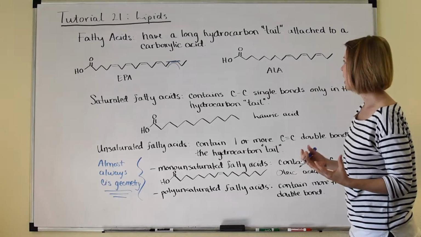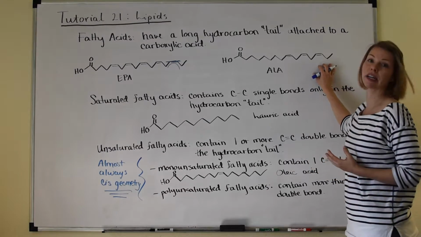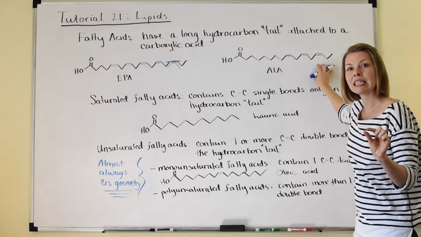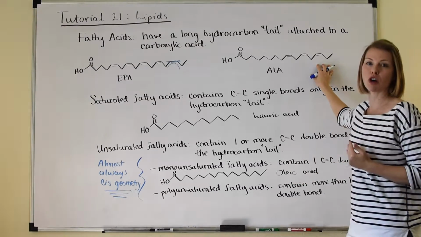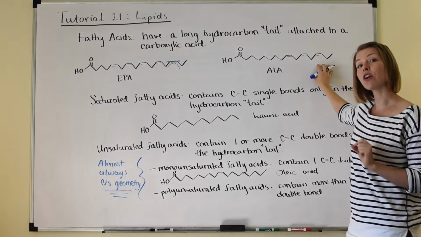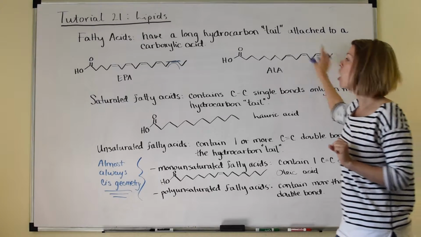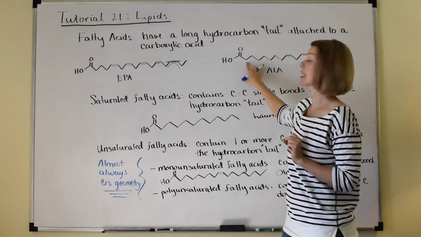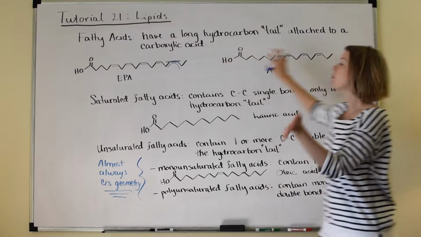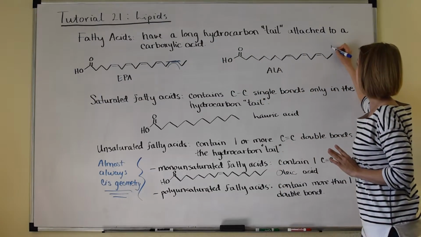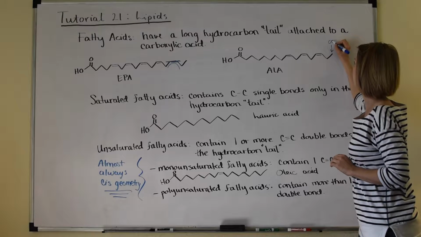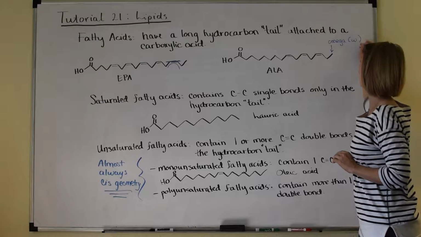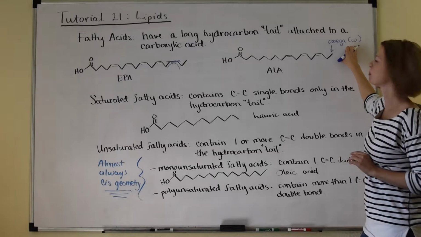Well, if we look at this molecule right here and use it as our example, omega means the terminal carbon, the carbon farthest away from our carboxylic acid functional group. The one nearest is the alpha position. The one farthest away is the omega position. We can symbolize it with the omega symbol.